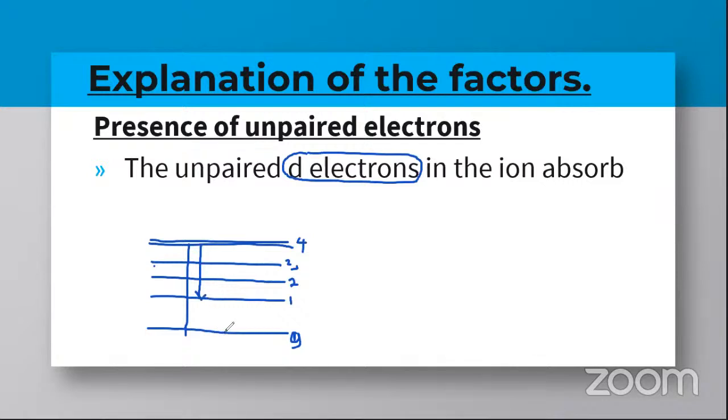And another one comes to level 4. It also falls back, maybe to level 2. In that process of falling back, they produce some radiations or some light. Remember, light has wavelength, and these radiations which are emitted have different colors. So the color of the radiation or the energy being produced corresponds to the color of the ion. I hope I'm making some sense.